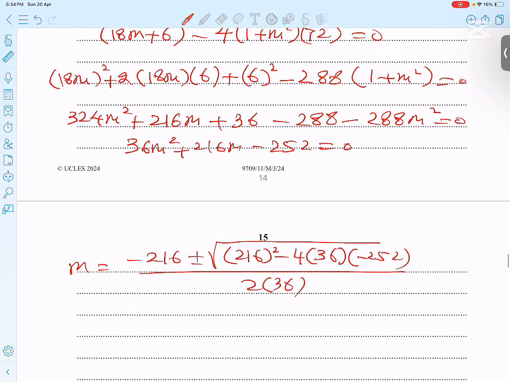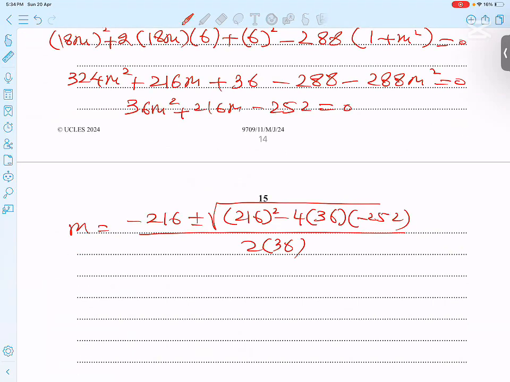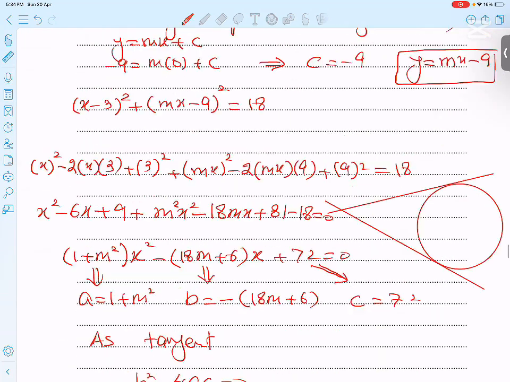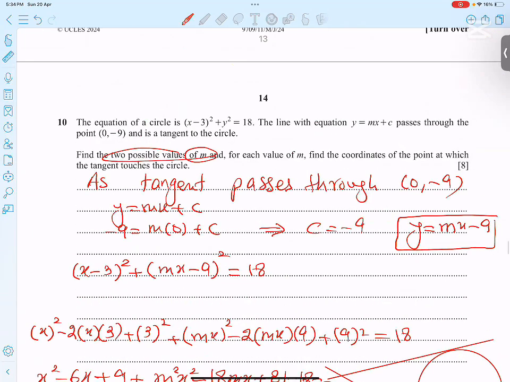At minimum, show one step of the formula. My first answer is coming as 1, and the second answer I'm getting is negative 7. And he is asking to find two possible values of m, and then the game is not over. Find the coordinates of those 2 points.